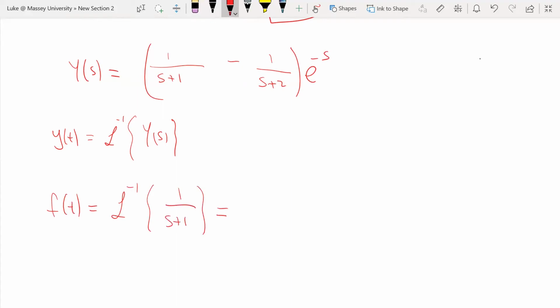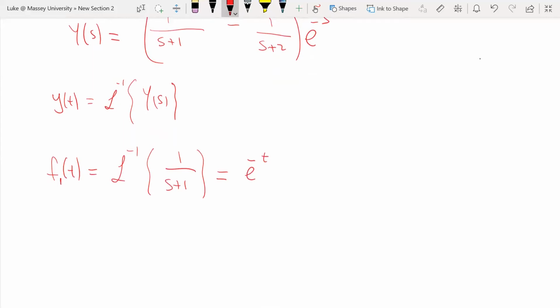This is quite simply e to the minus t. And f2(t), the inverse Laplace transform of 1 over s plus 2, is just going to be e to the minus 2t.